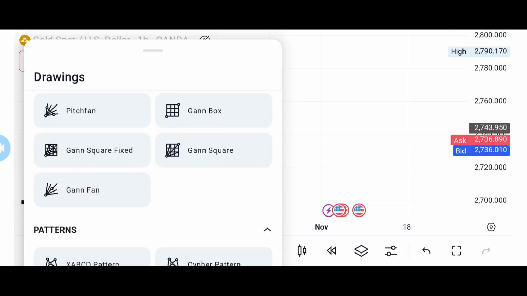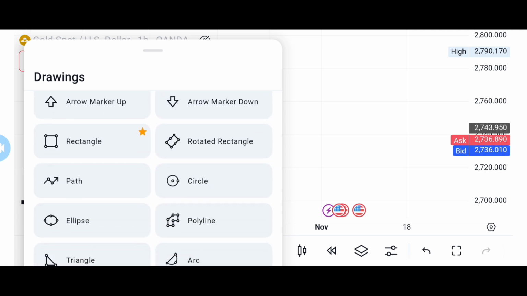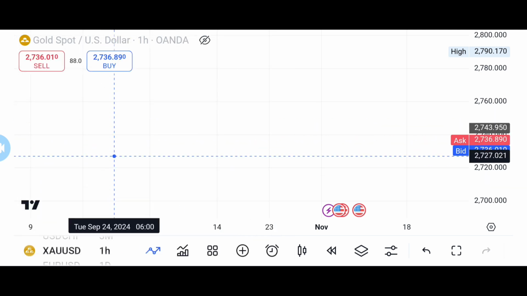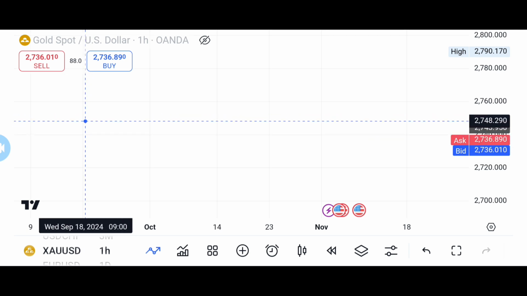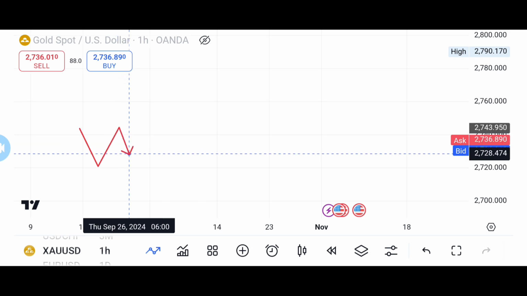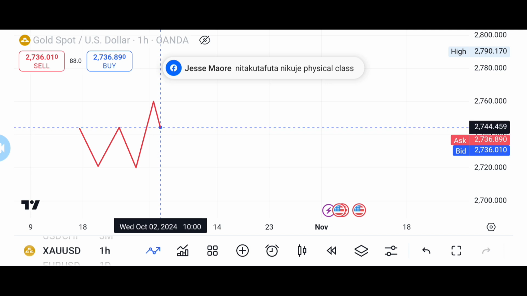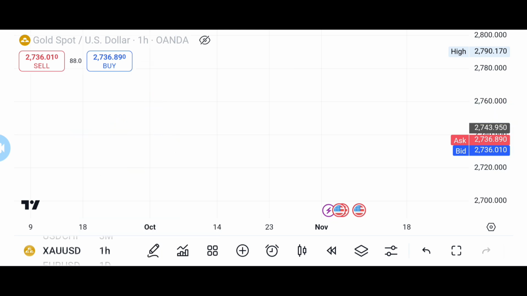So the next lesson, I'll be showing you how this pattern keeps on changing. What do I mean? I'll be showing you how the double bottom can change to be a head and shoulder.